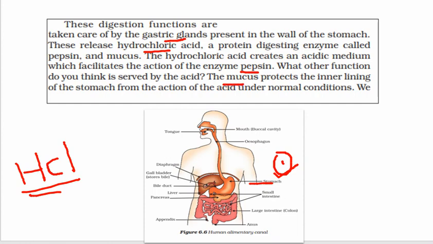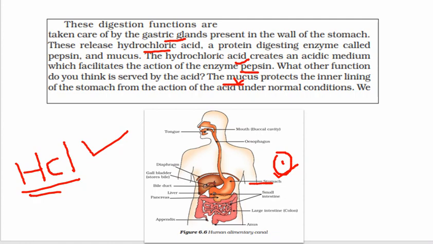I repeat one more time: the gastric gland releases the hydrochloric acid, then a protein digesting enzyme, the pepsin, which digests protein, and the mucus. Done.